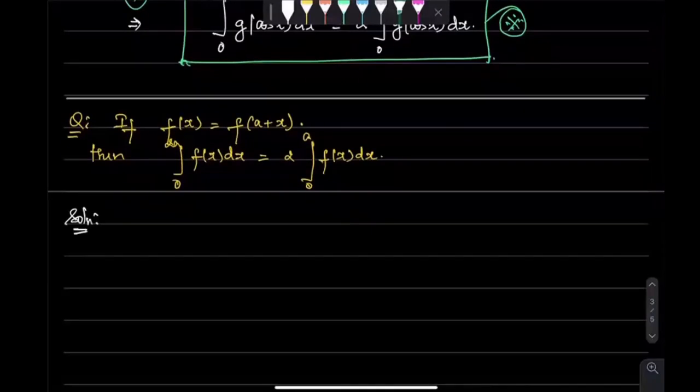It is given as 0 to 2a. Understand it in this way. I take an interval 0 to 2a. So what is the midpoint here? a.